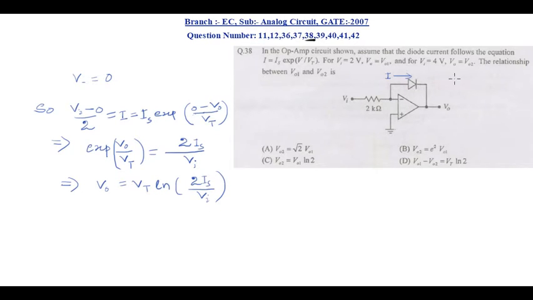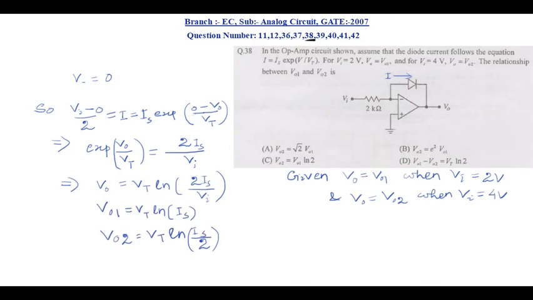Next, there are two different cases and two different outputs. That is, for 2 volt input, the output voltage is V01, and for 4 volt input, the output voltage is V02. So if we substitute these two cases in the output expression, we will get V01 equal to VT ln(1/IS) and V02 equal to VT ln(1/(IS·2)).